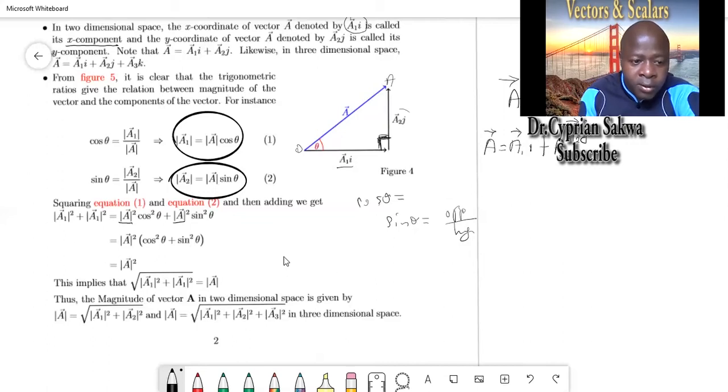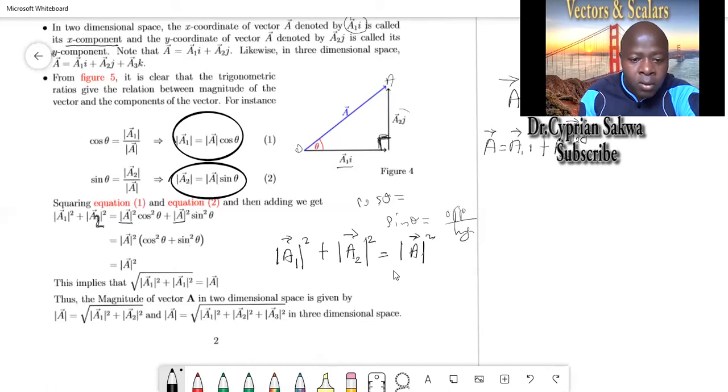So what we have is the magnitude of the x component squared plus the magnitude of the y component squared equals the magnitude of vector A, again squared.